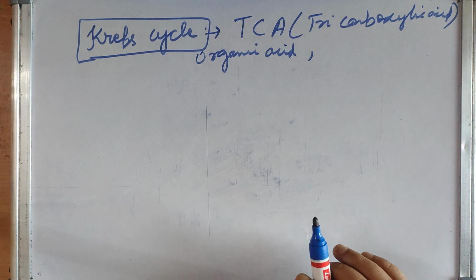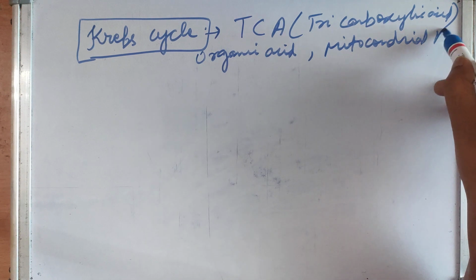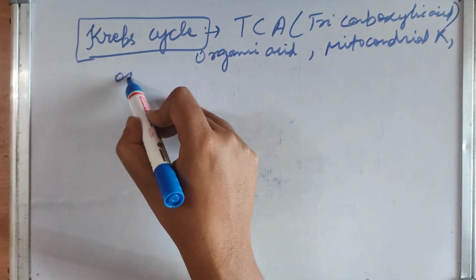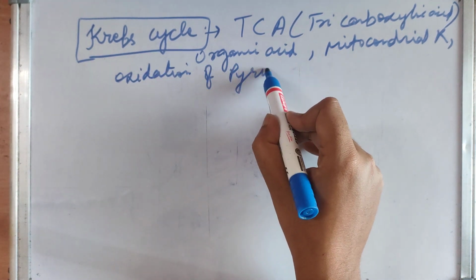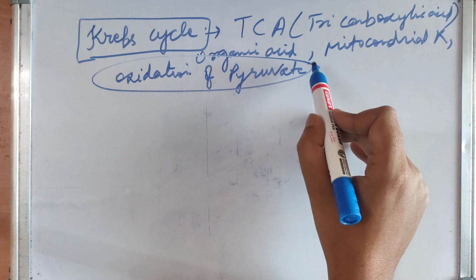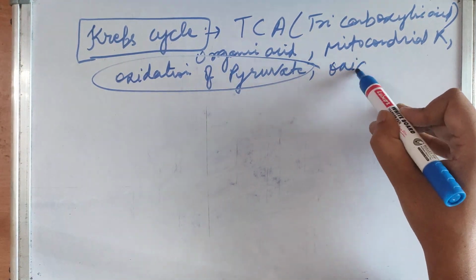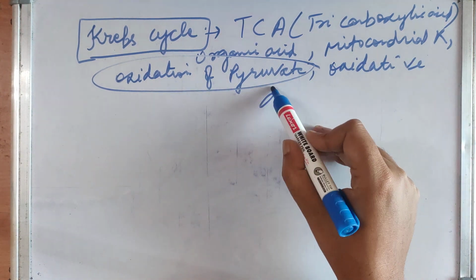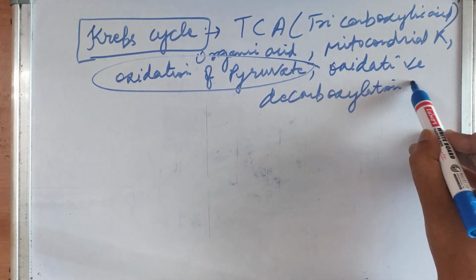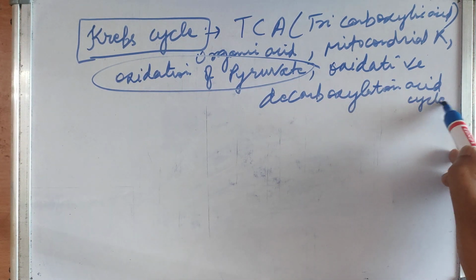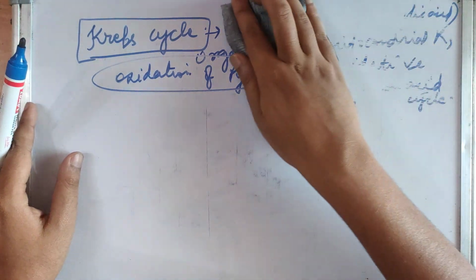It is also known as mitochondrial respiration, oxidation of pyruvate, because oxidation of pyruvate takes place, or you can say oxidative decarboxylation. So this is how you can name the Krebs cycle. I hope you understand.